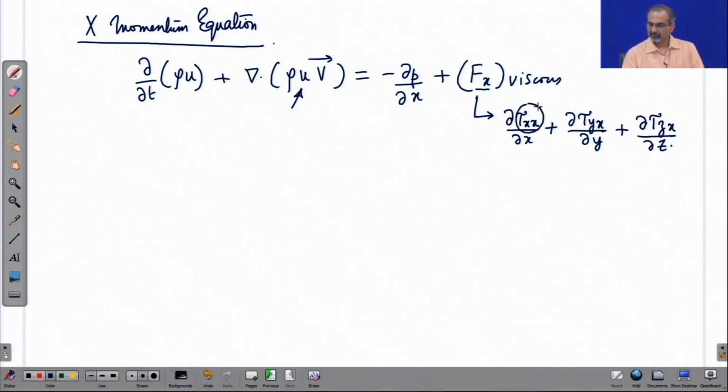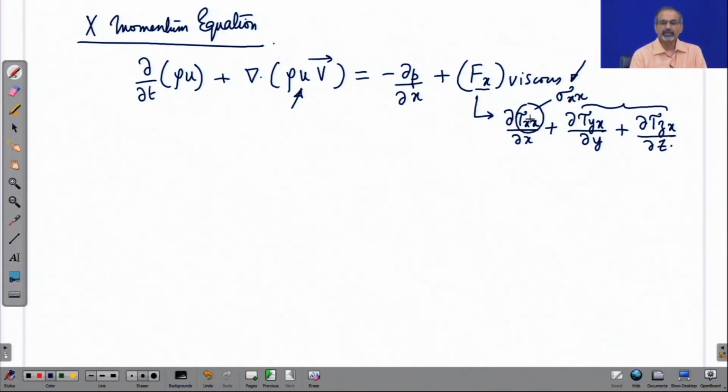We will just change the nomenclature of this term. This one we had called sigma x x. In some books you will find that all of them are represented in the form of taus, while in some others the normal stresses are represented by sigmas and the shear stresses by taus. So, let us be familiar with both kinds of nomenclature.